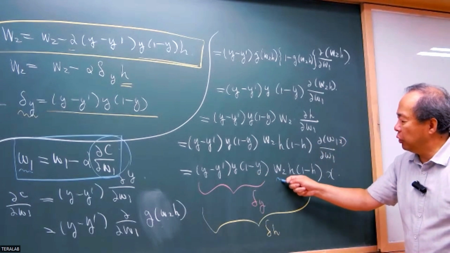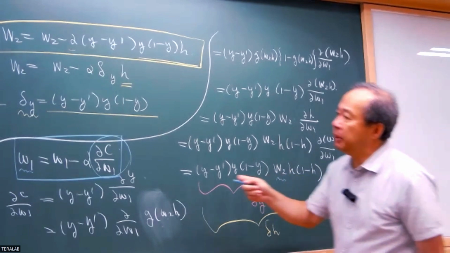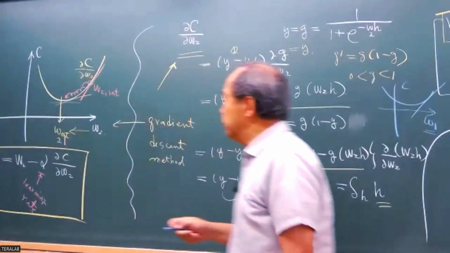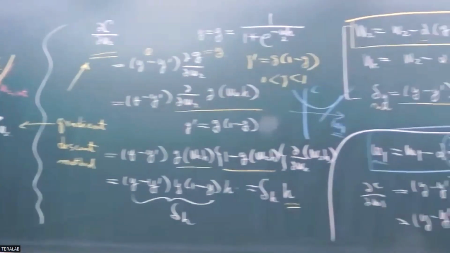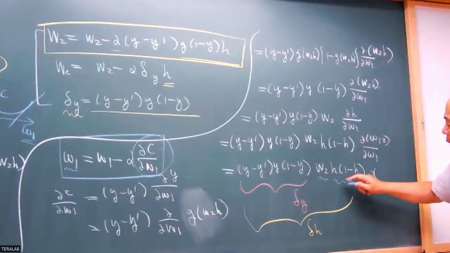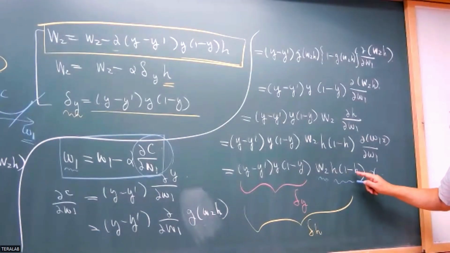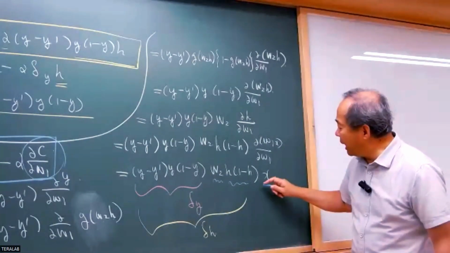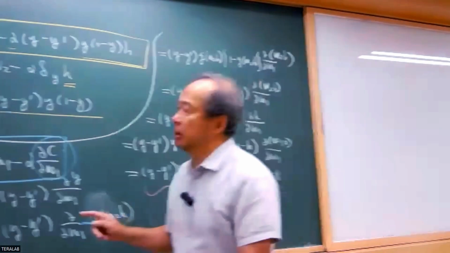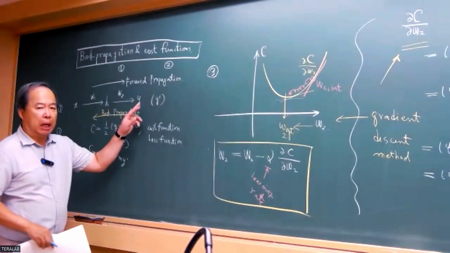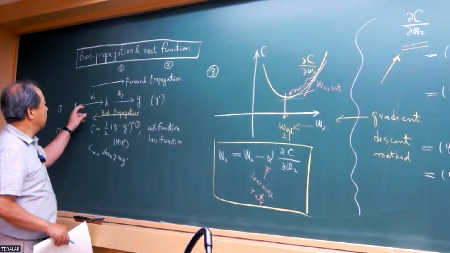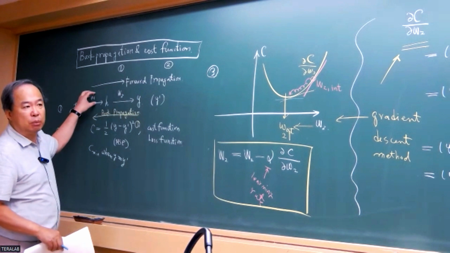And W2 is updated here. So we are using W2 and the hidden layer h(1 minus h). This hidden layer output can be obtained during the forward propagation. And finally, the X vector, the input vector. So by combining output y and y dash and h and x with the given W2, we can update W1.